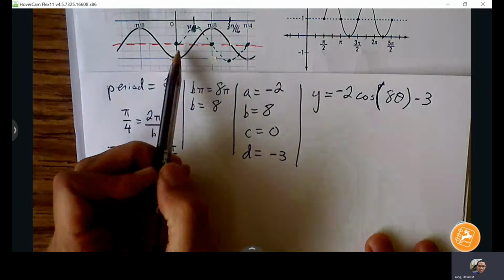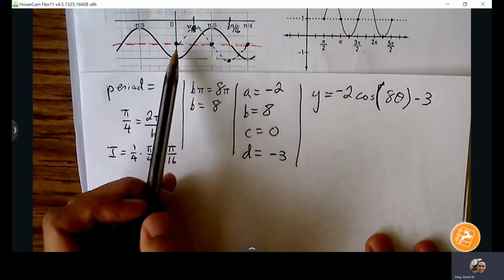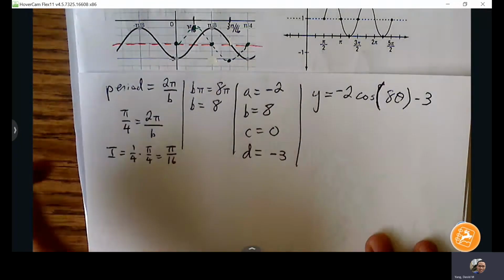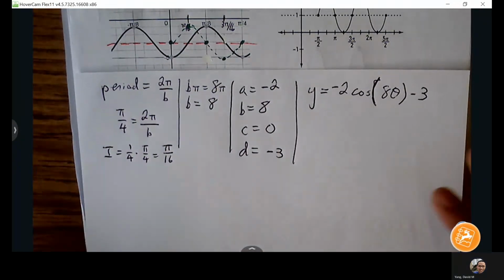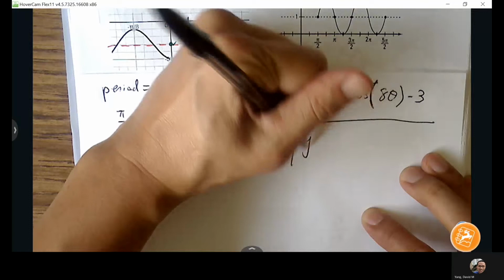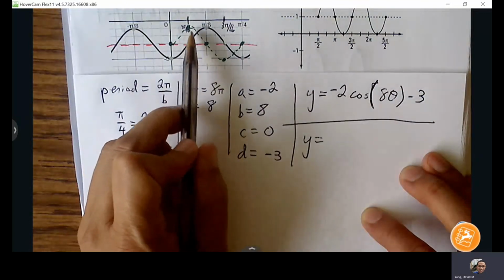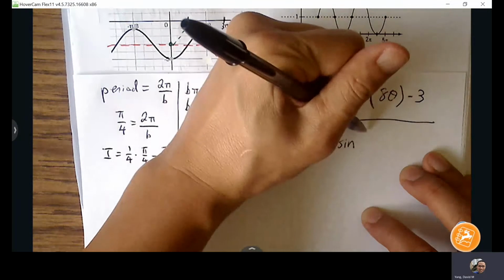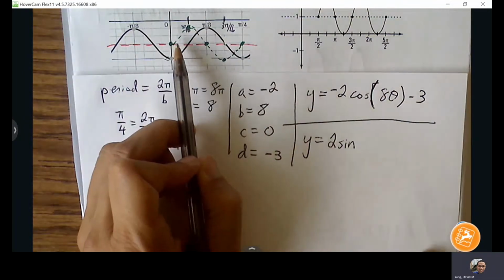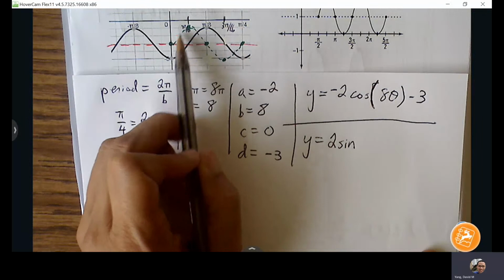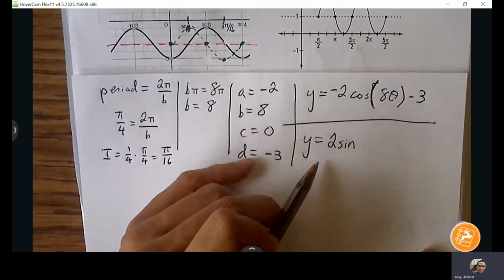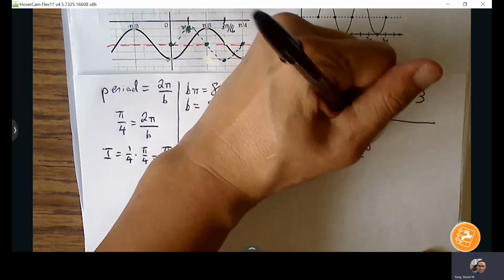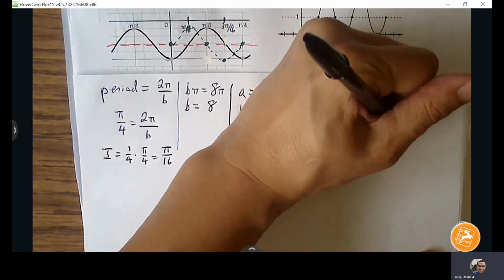So this sine function is going to share a lot of information as previously. It's going to share the same a value, it's going to share the same d value. We just have to worry about the shift. So still an a value of 2. And I'm making the graph go up, so I don't have to do any reflection. So my a is going to stay as a positive. I can get my bracket going, theta, 8 theta.